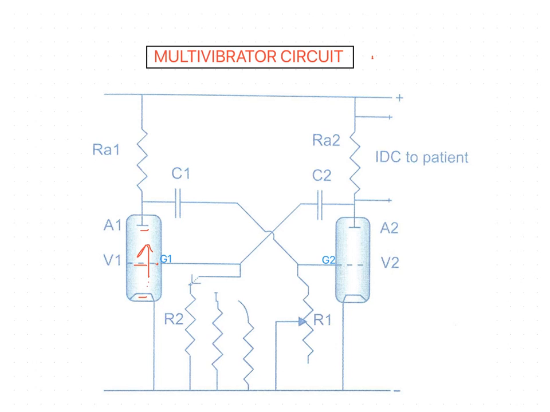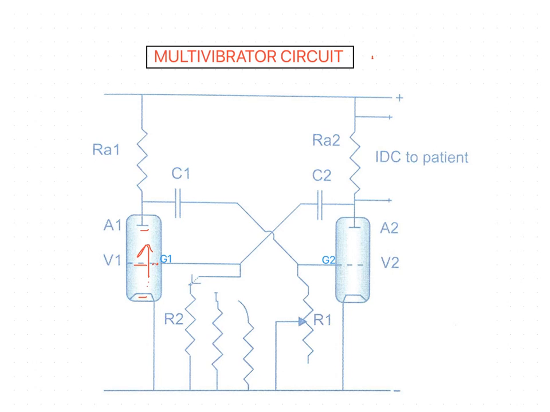If the grid has a positive charge, since it lies closer to the filament than the anode, a variation in the grid charge has more effect on the intensity of the current flowing across the valve than a similar variation in the anode voltage.